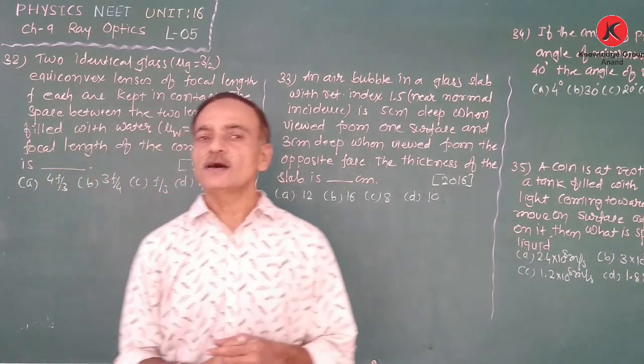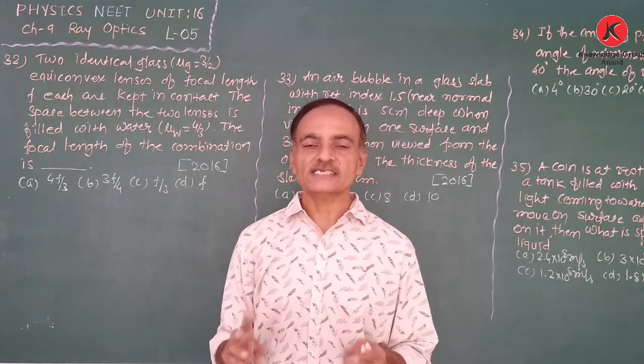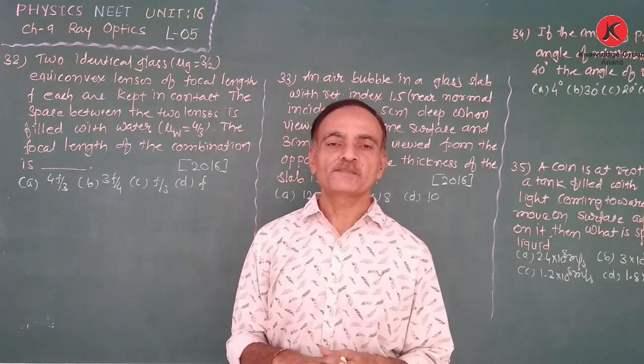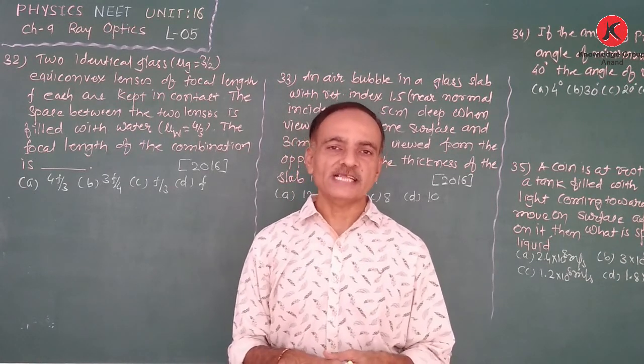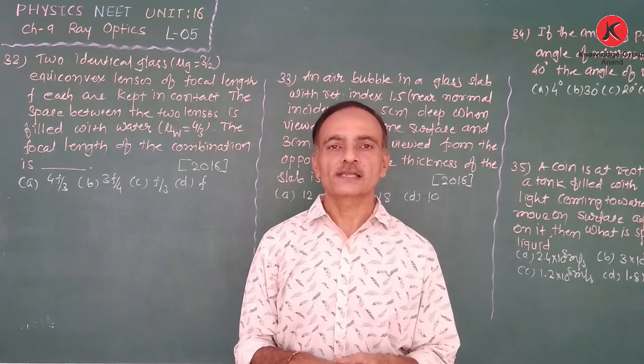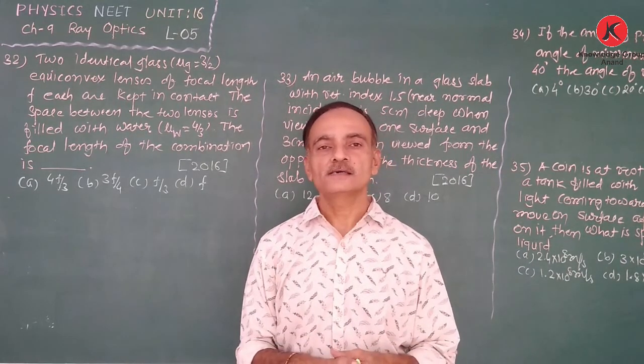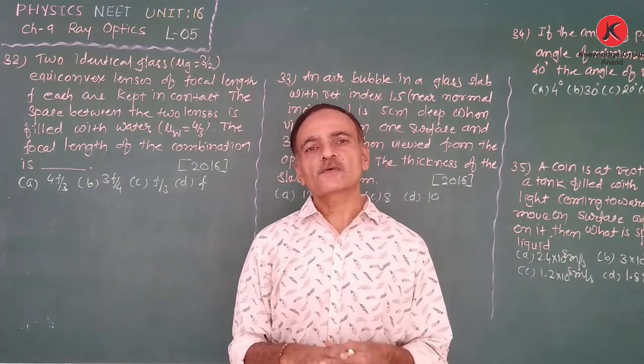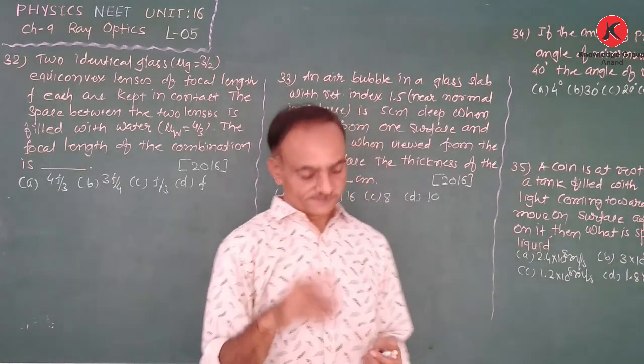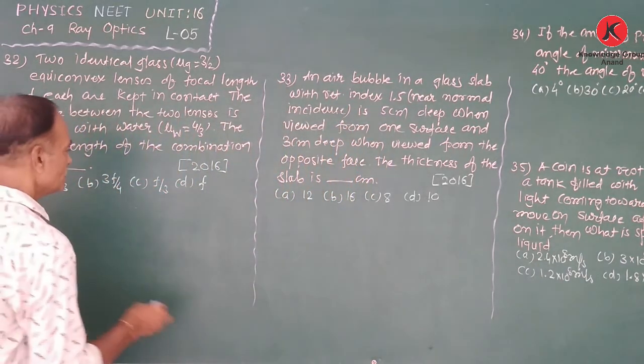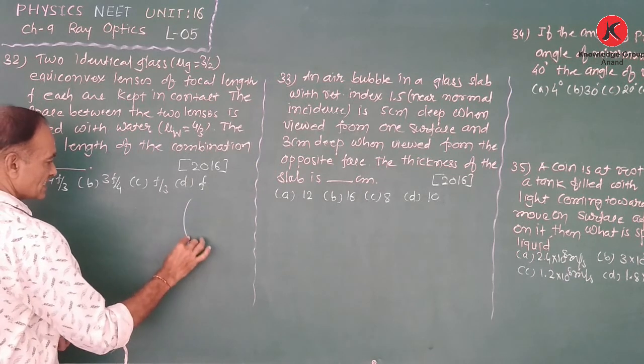At that time, the two convex lenses are placed in contact with each other, and the space between these two lenses is filled with oil, and we find out the focal length of the combination. Okay. For that purpose here, the combination of these two lenses is like this way.